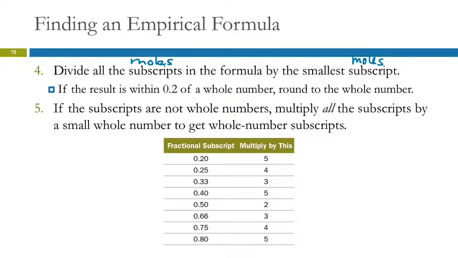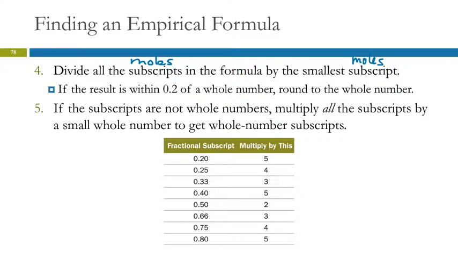If you get a whole number, awesome. Many times you don't get a whole number. Especially if this is real data, there's random errors and things get a little messy. So how do you know if you can round to a whole number or not?